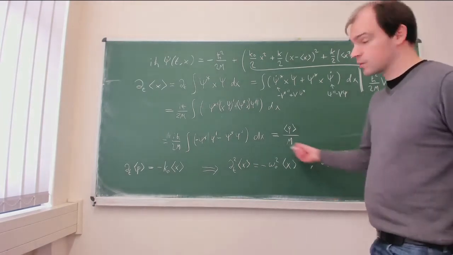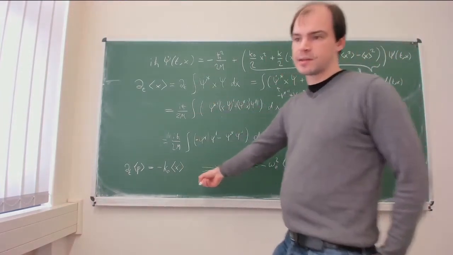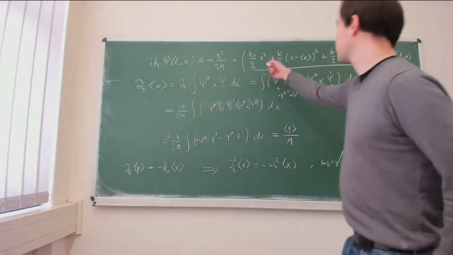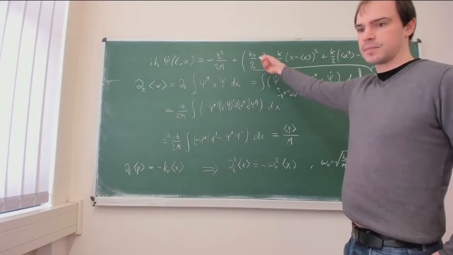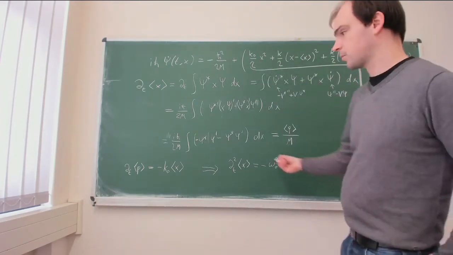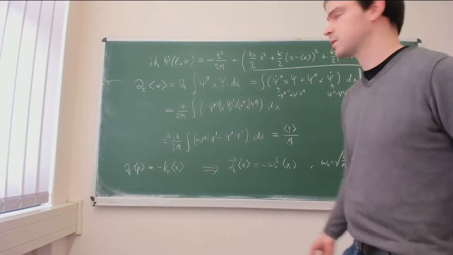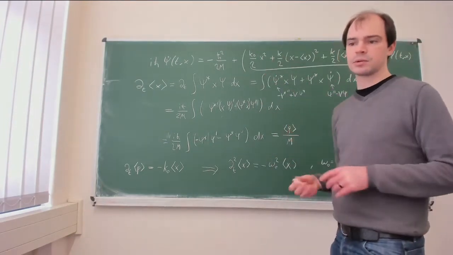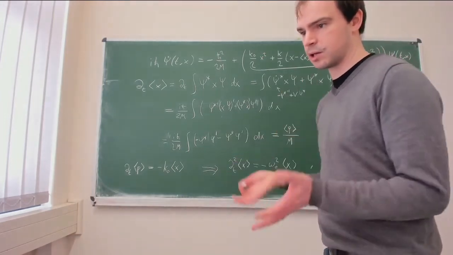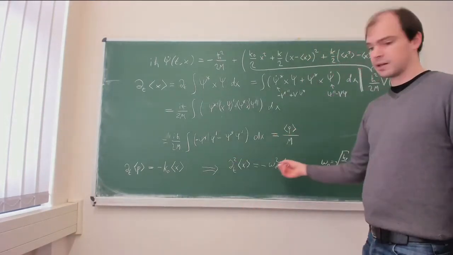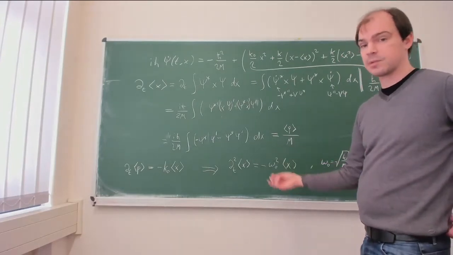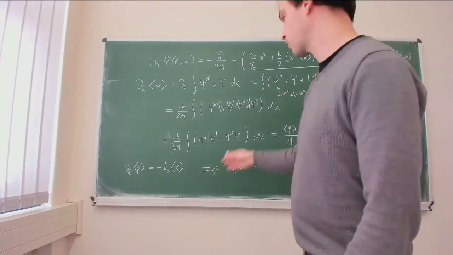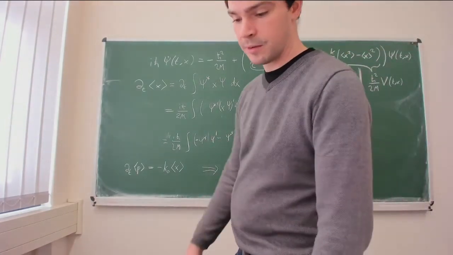So the expectation values just satisfy a harmonic oscillator equation with the frequency given by whatever my external potential is. If I have no external potential, then that will just be free motion of the particle. If I have my molecule or whatever my complex particle is in a harmonic potential, then the expectation values will just satisfy the same equation they would satisfy if there wasn't any self-gravity. So self-gravity has no effect on these first moments.